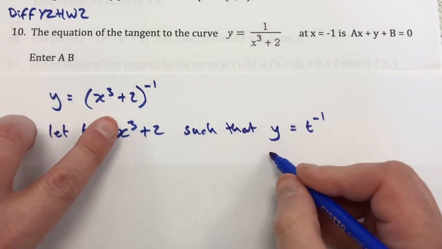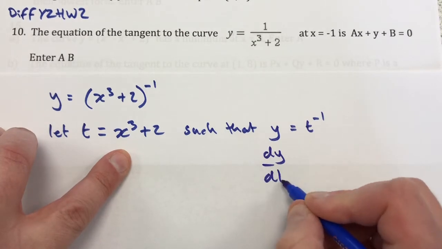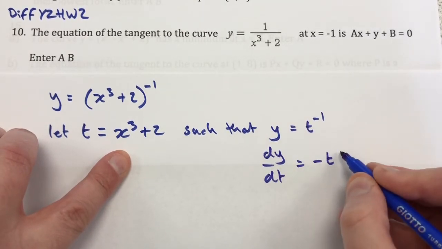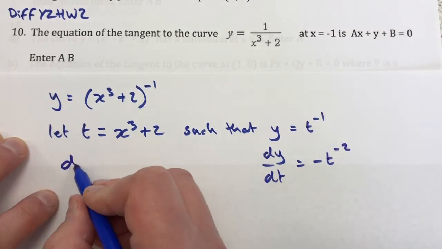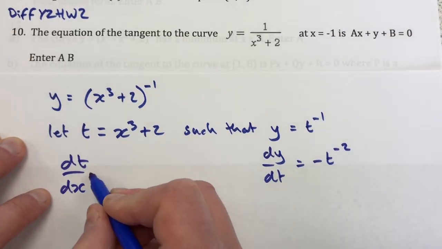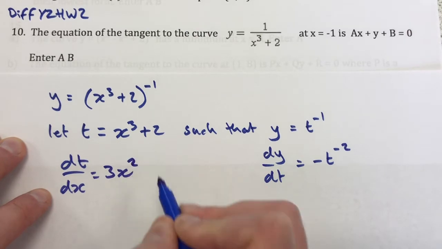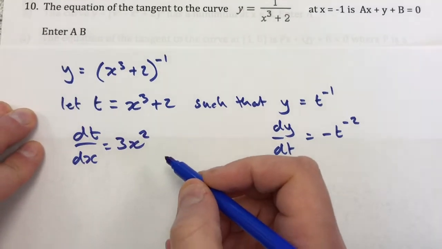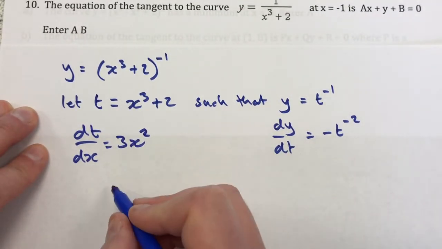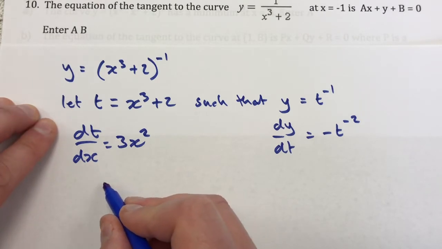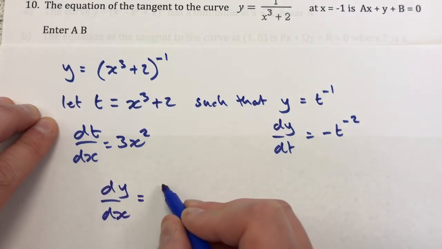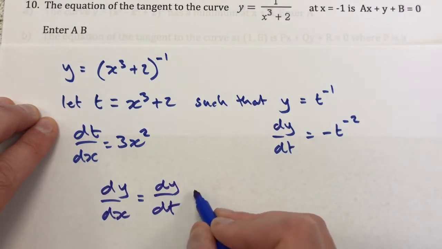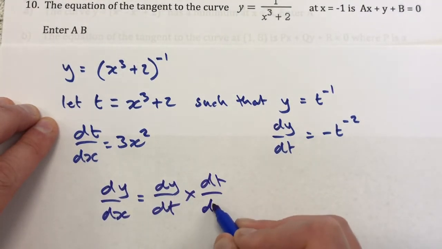Then we can differentiate y with respect to t to get minus t to the minus 2. We can differentiate t with respect to x to get 3x squared. Now we can multiply these together to get dy by dx equals dy by dt times dt by dx.